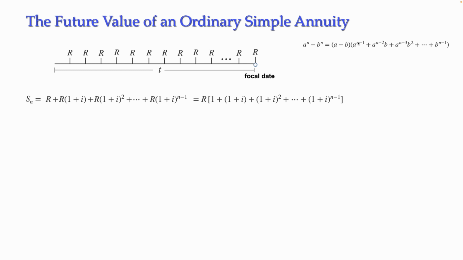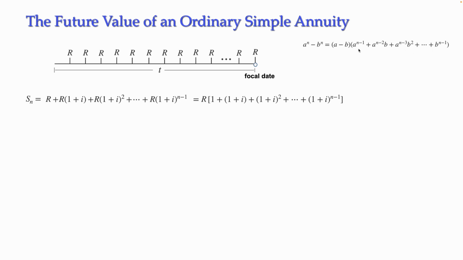So the first exponent is n minus 1, the second exponent n minus 2, etc. And the exponents of the second quantity go up. For example, here b is to the power 0 in the first term, the second term is b to the power 1, etc. And the exponent of b goes up until the last.